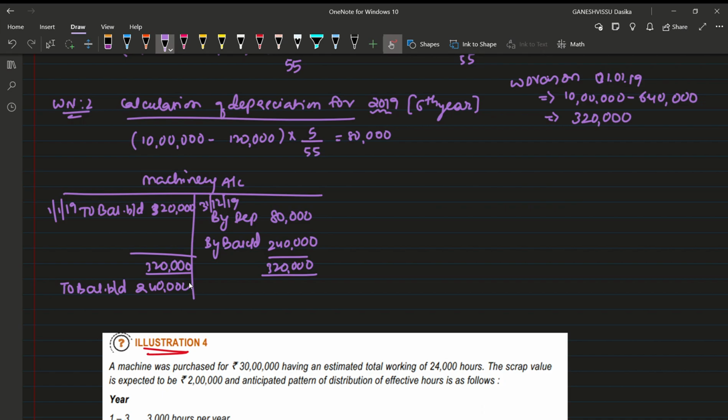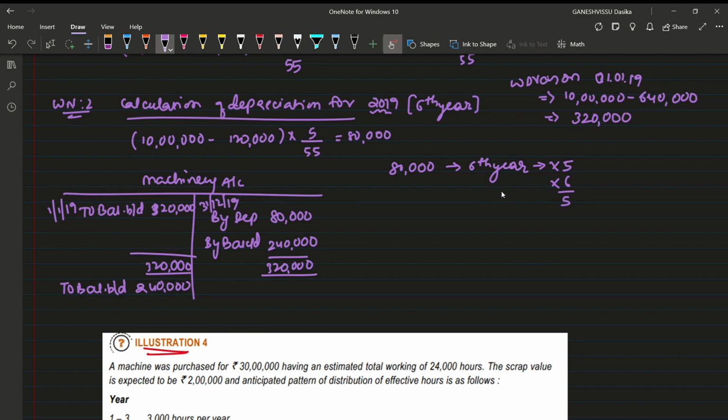And if we want to see the depreciation for the next year, that is 2020, simply we need to multiply. This 80,000 is for the 6th year, right? That means we have multiplied it with 5. Now we need to multiply with 6 and divide by 5.